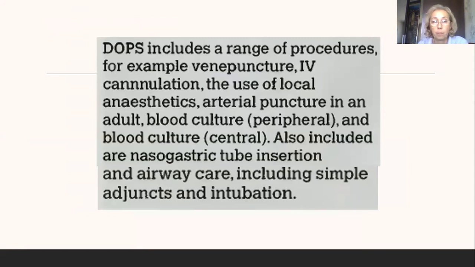For example, venipuncture, IV cannulation, the use of local anesthetics, arterial puncture in adult, blood culture peripheral, and blood culture central. Also included are nasogastric tube insertion and airway care, including simple adjuncts and intubation.